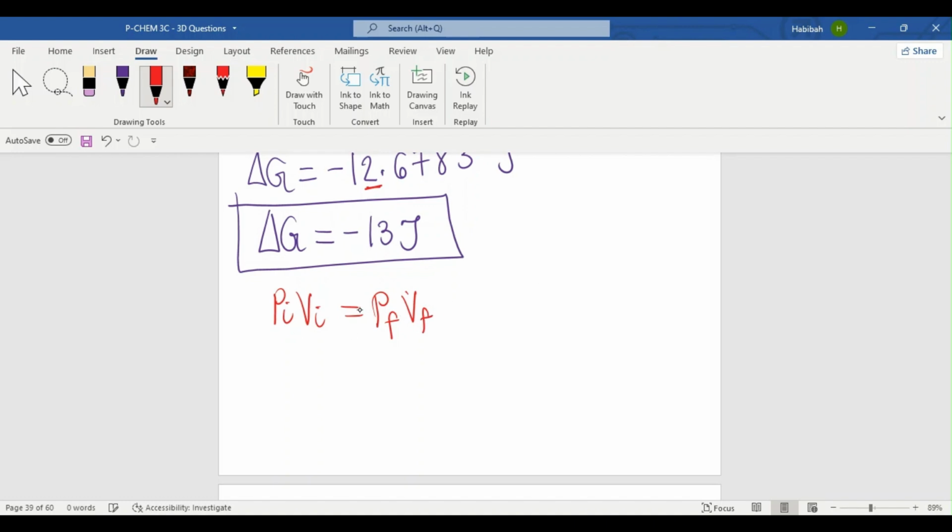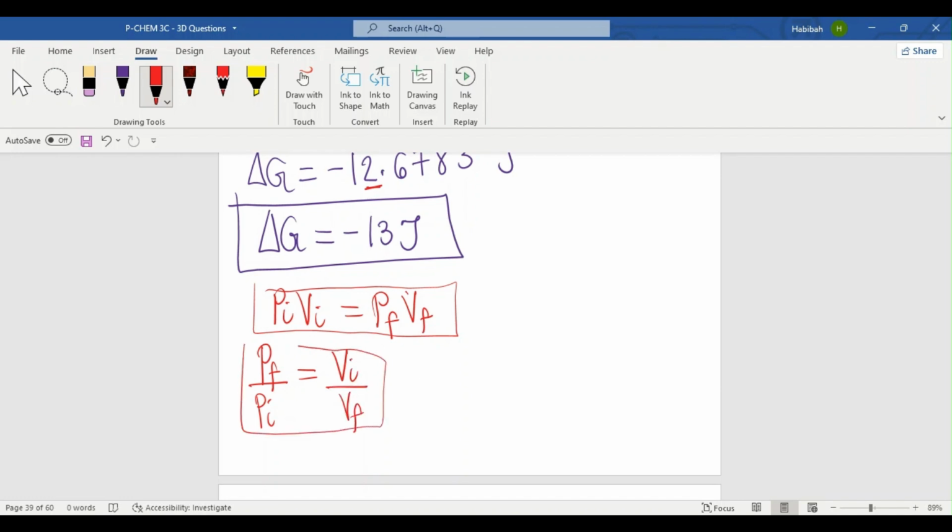So what was done in the problem I saw online was that this equation was written in terms of P final divided by P initial. And when you do that, you have V initial divided by V final.